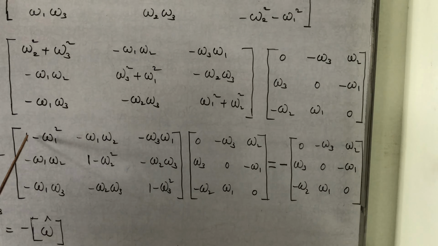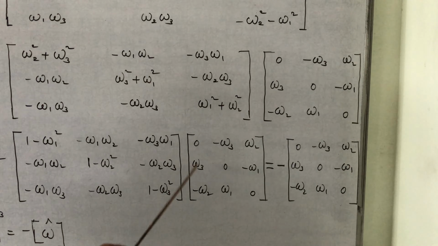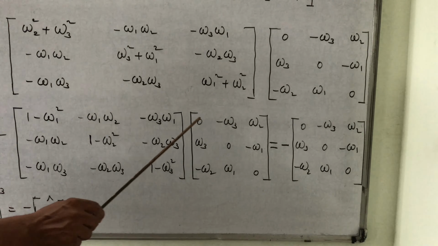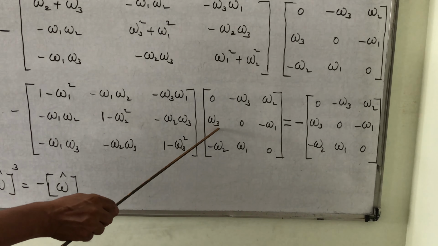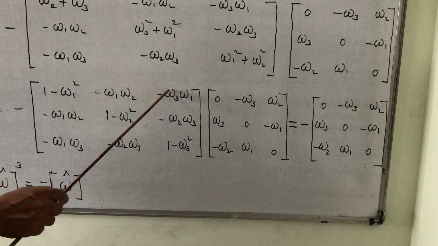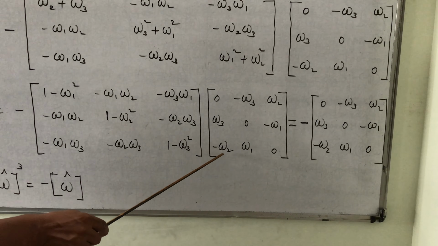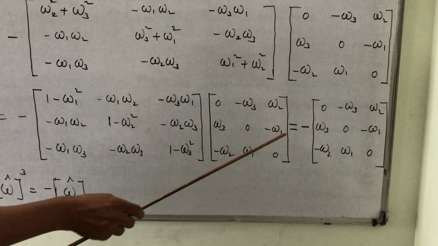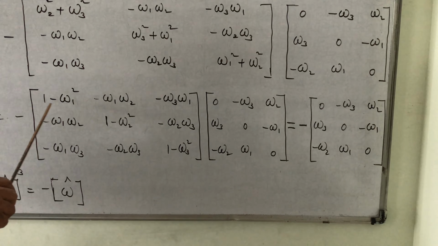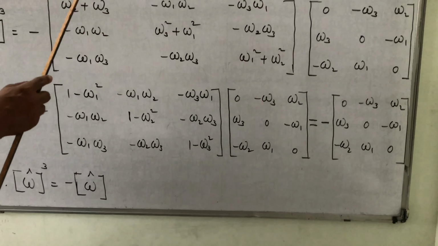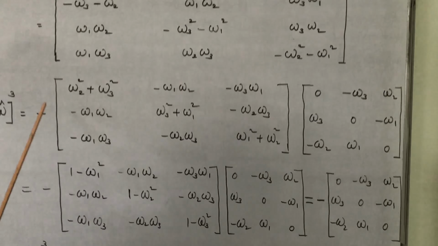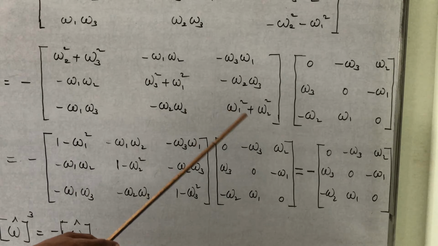Now we are multiplying. First row, first column: this into 0, 0 minus omega 1 omega 2 into omega 3, and this one is minus minus plus omega 3 omega 1 omega 2, so it is 0. Similarly, you can multiply yourself. We get this one. We have taken minus common from this, so all the terms are opposite.